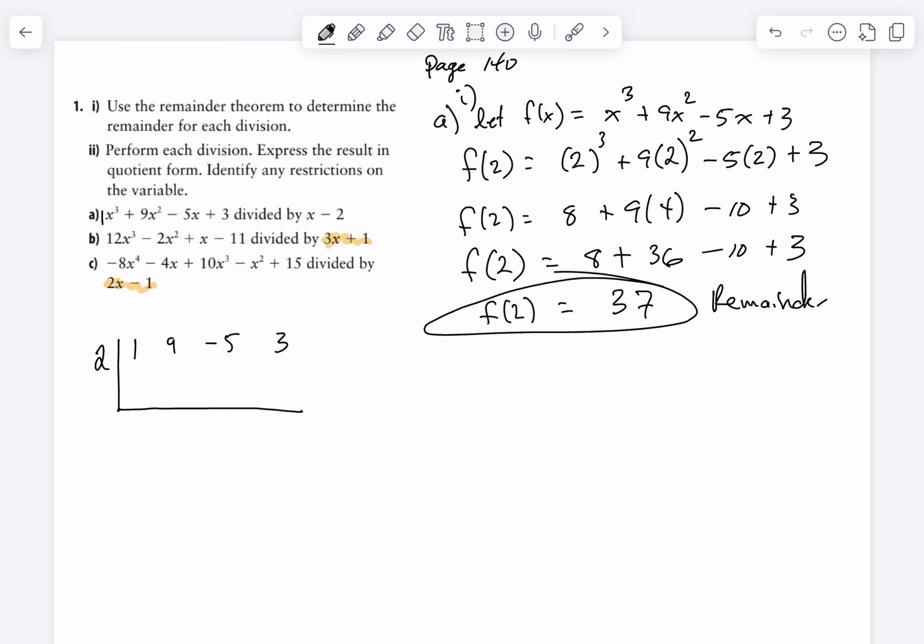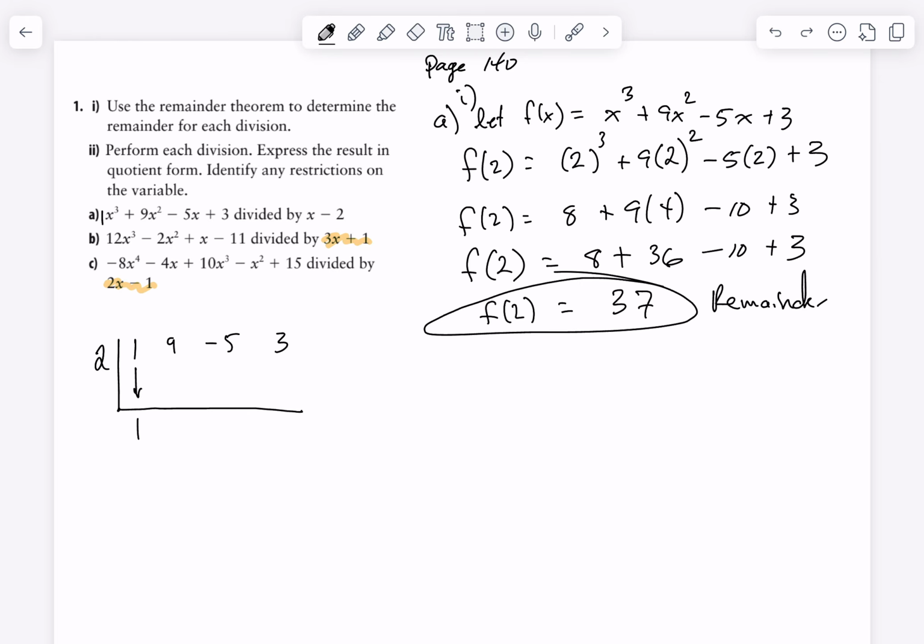When I remove that x minus 2 factor, the degree of the polynomial decreases by 1 because I've pulled one of the factors out. So we drop the 1 down, and the numbers down here are going to represent the new coefficients of the quadratic relative to the cubic we started with.